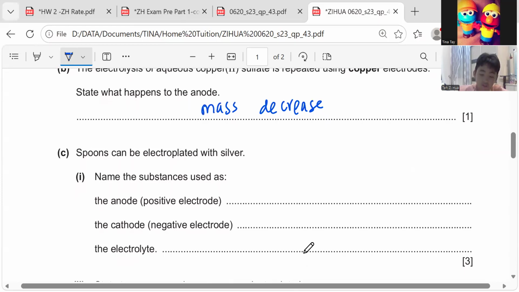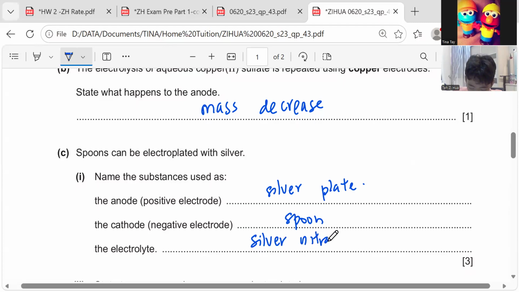If you electroplate, the anode will be pure silver. The cathode will be the spoon. The electrolyte is a solution containing silver ions, so you use silver nitrate solution.